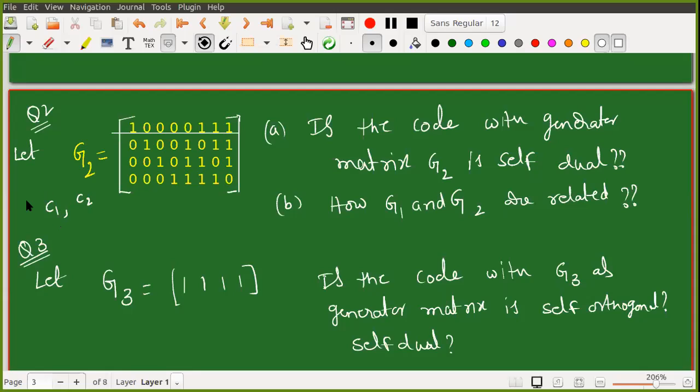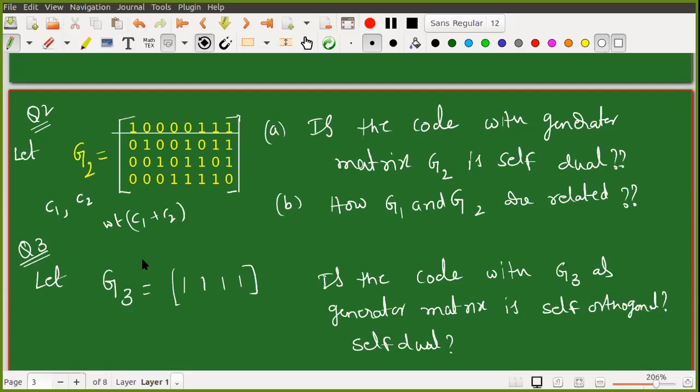So I told you that 4 divides the weight of C1. I told you that 4 divides the weight of C2. So from that, can you say that 4 divides the weight of C1 plus C2? Is the question clear, Pragati? Yes, sir. I am saying 4 divides weight of C1, 4 divides weight of C2, then 4 divides weight of C1 plus C2 also.